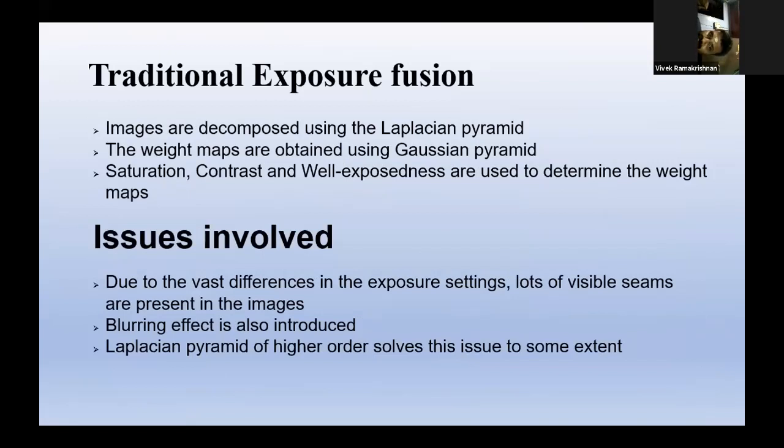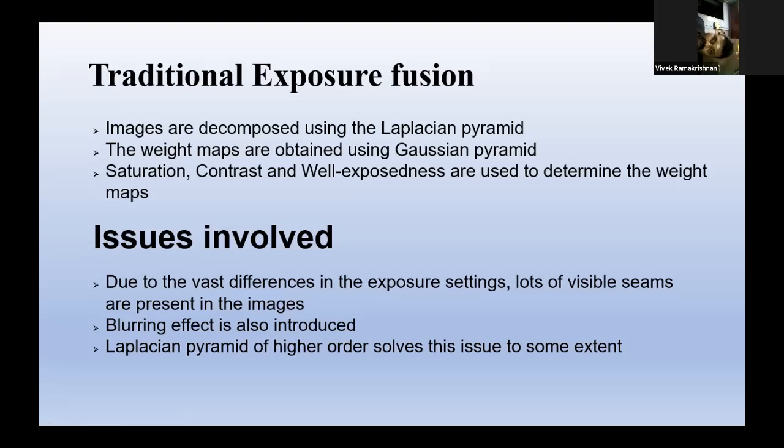That is due to the fact that you are multiplying with a Gaussian and the Laplacian pyramid, so you get a blurred version of the image. Moreover, you keep on increasing the order of the Laplacian pyramid to solve this blur problem and the visible seam problem. But that is just going to the higher order and decomposing the image.